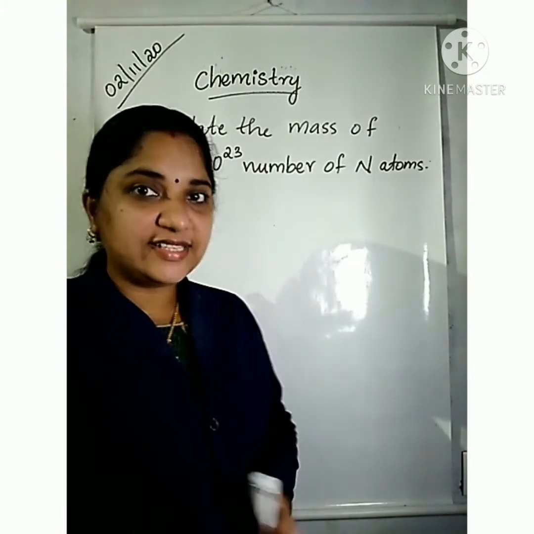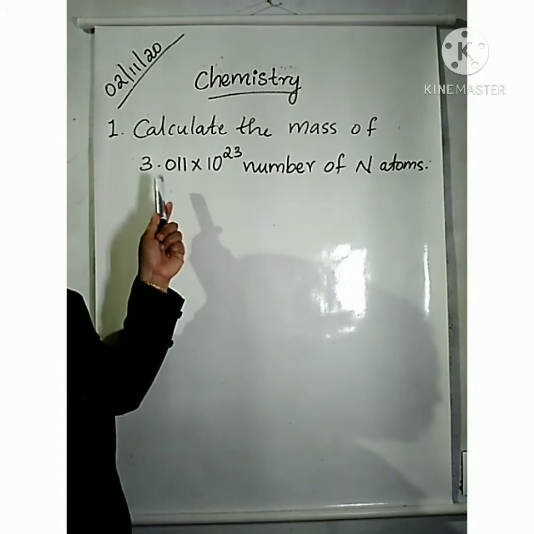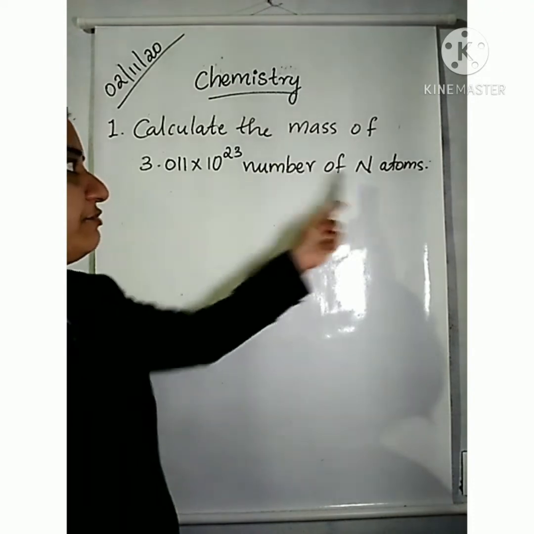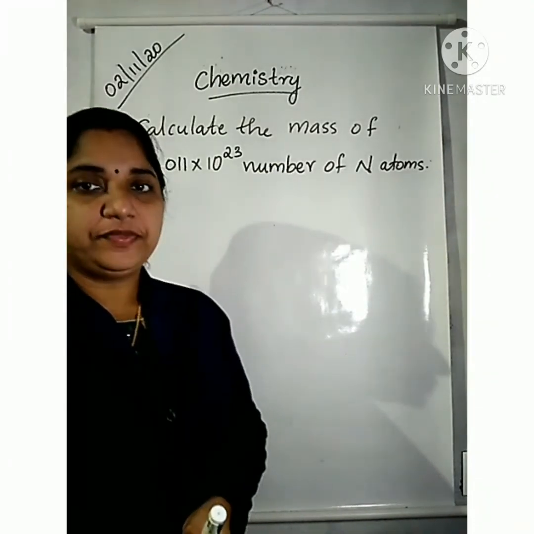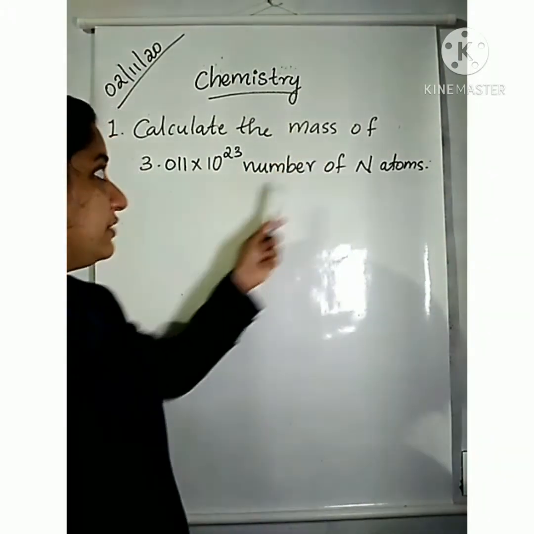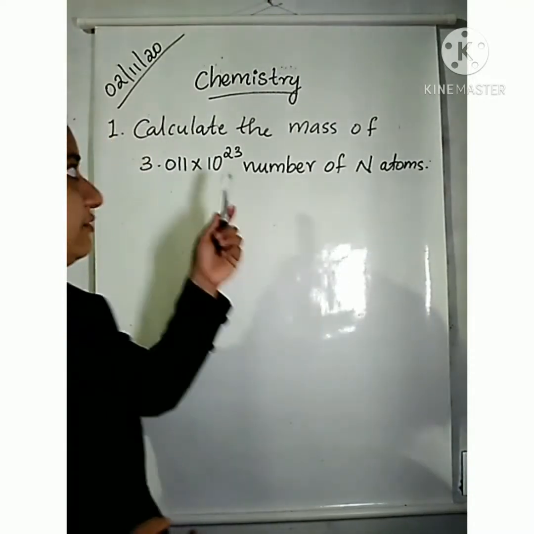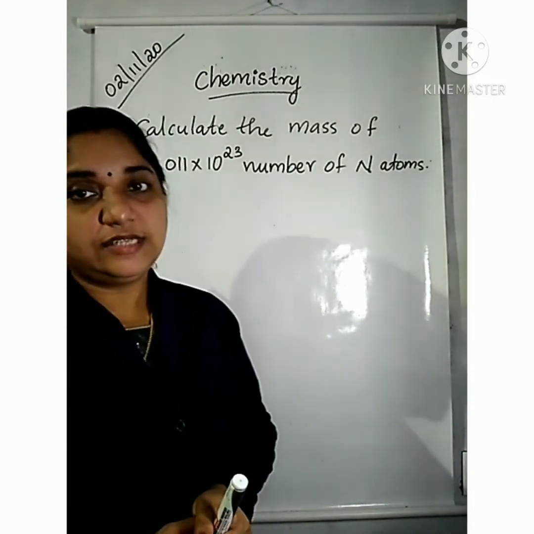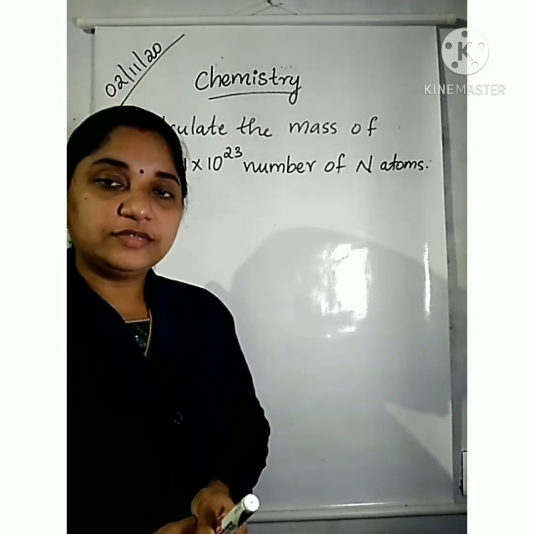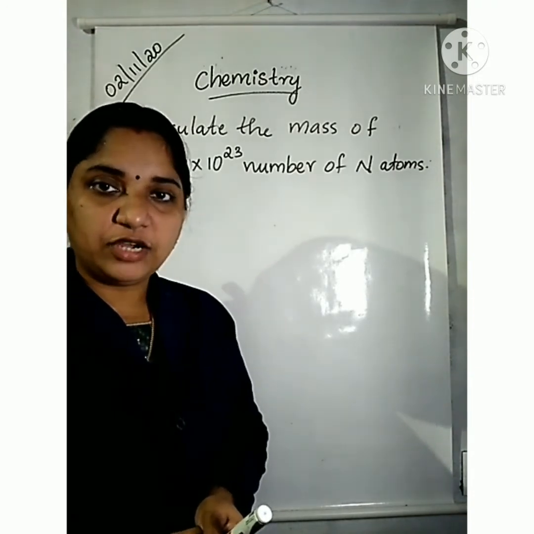Children, another example is calculate the mass of 3.011 into 10 raised to 23 number of nitrogen atoms. That is the question. We want to calculate the mass of these number of nitrogen atoms. So here given only the number of atoms. We learned the equation to find out the number of moles from number of particles and Avogadro number.